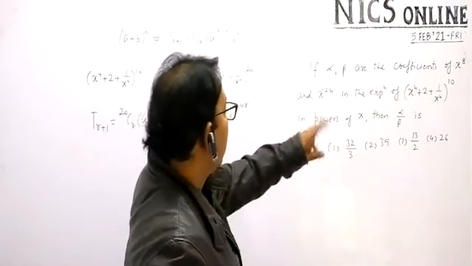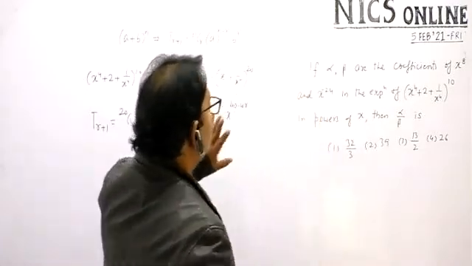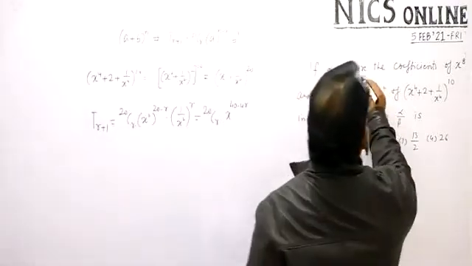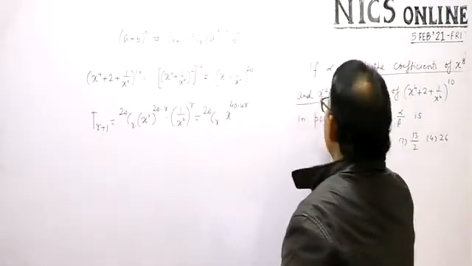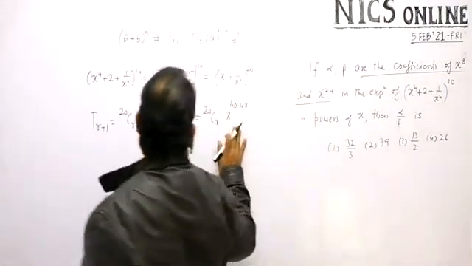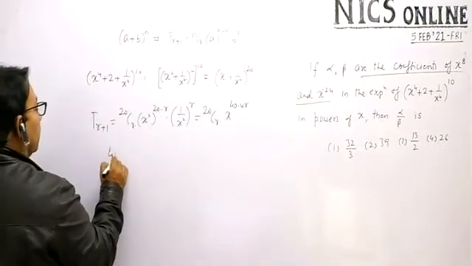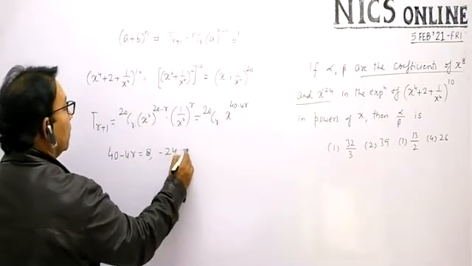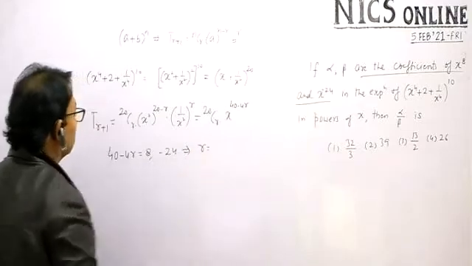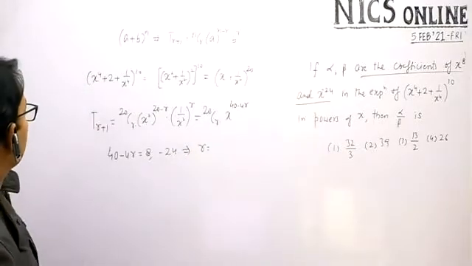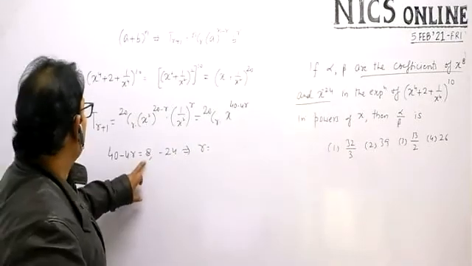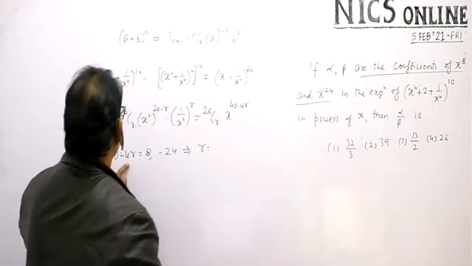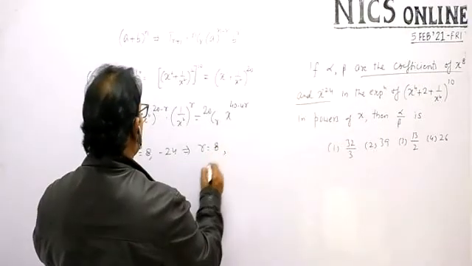एक बार x की पावर 8 के साथ, एक बार x की minus 20. We're looking for the coefficients of x to the power 8 and x to the power minus 24. So if you compare this term 40 minus 4r with 8 and minus 24, you can find the value of r. So this is 40 minus 8, 32 by 4, it would be 8.